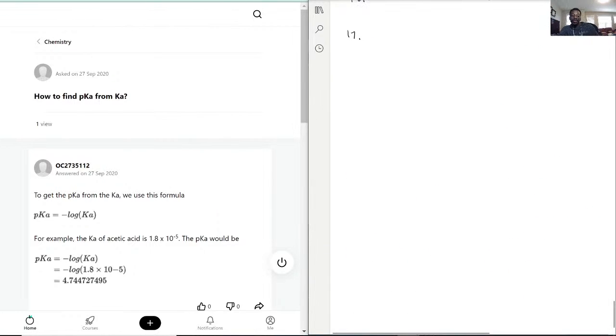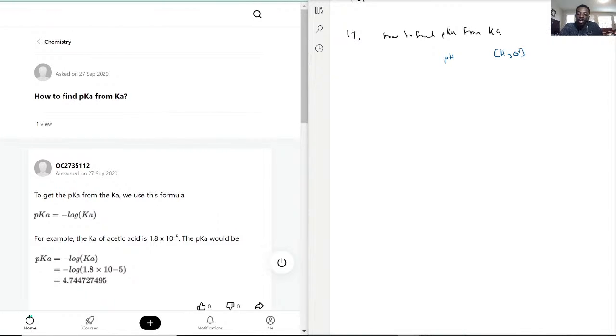Oh, and then we have this: how to find pKa from Ka. So this one is relatively straightforward, but the thing you have to remember is that we treat pKa and Ka like pH and the concentration of H3O plus.